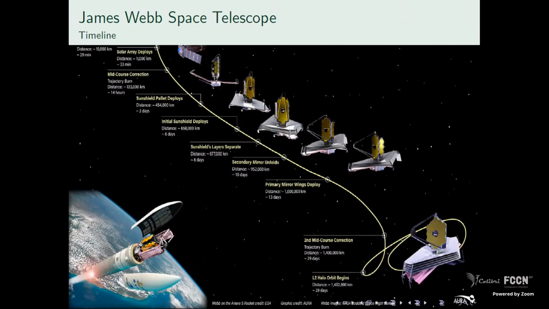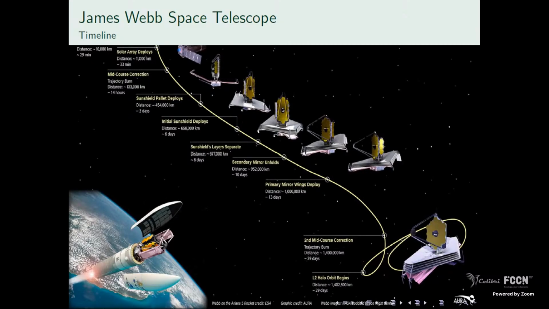The Ariane 5 rocket was launched. Then 26 minutes into its trajectory, the telescope was still using thrust from the rocket. Then the launch vehicle finally separates. About 33 minutes into its trajectory, the solar array finally deploys.